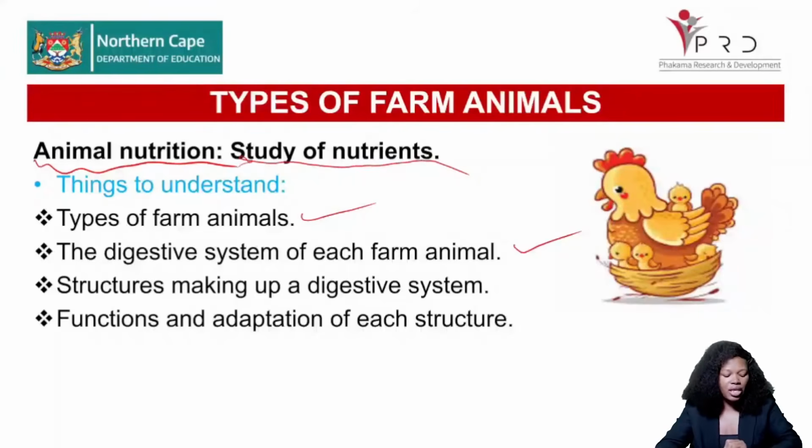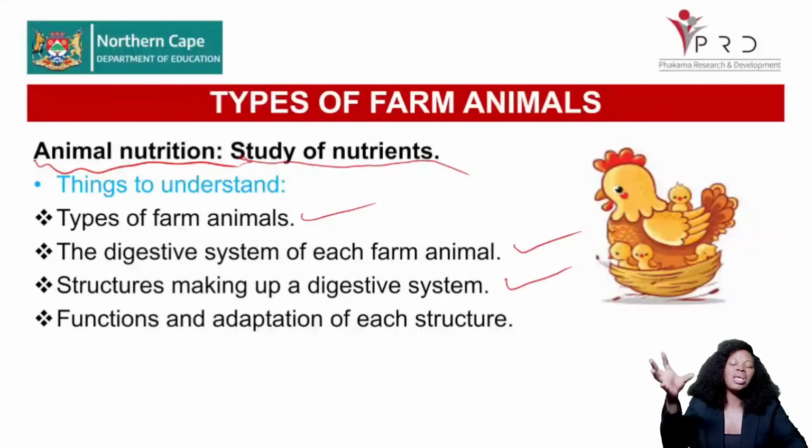Thirdly, each digestive system of a farm animal is made up of different structures, or organs, meaning a single system can have 10 structures or consist of 5 structures.